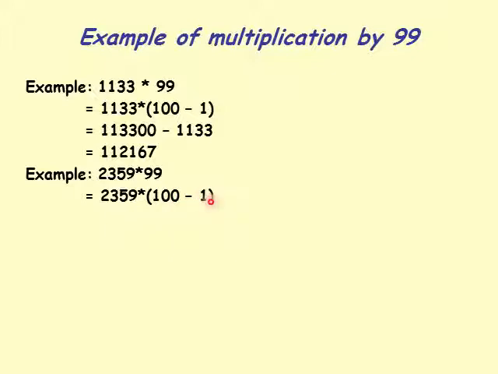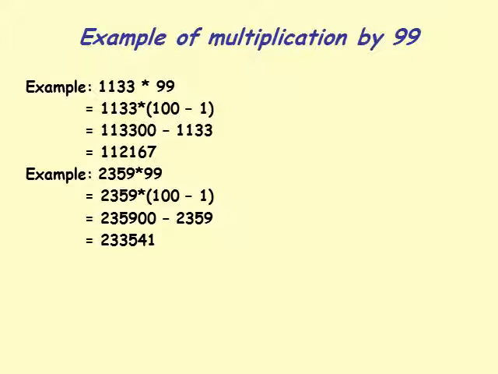Let's continue. 2359 times 100 is 235900. 2359 times minus 1 is minus 2359. So that's equal to 233541. So 2359 times 99 is 233541. Okay.